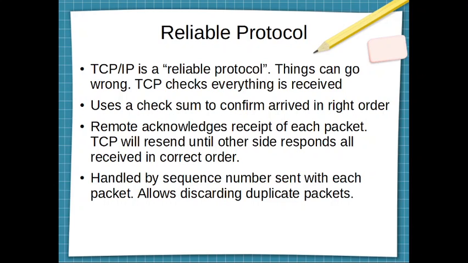So TCP will keep on resending, and will do this without the programmer's interaction, until the data that was sent is received in the right order. Obviously, this is very useful when you want to send files, to confirm that that Word document you're sending was all received correctly, and to get that final confirmation.